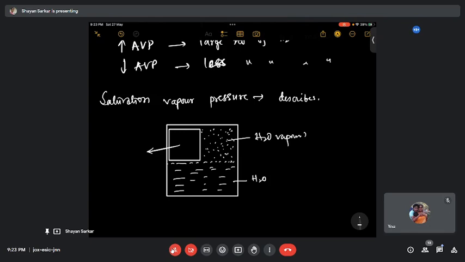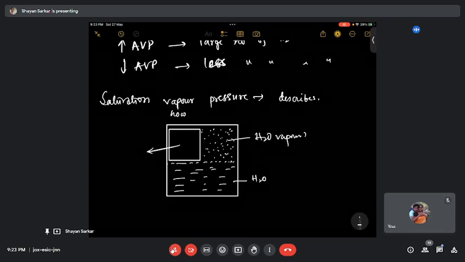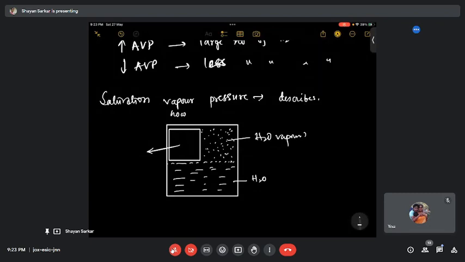Like it describes how much water vapor is necessary at any given temperature.